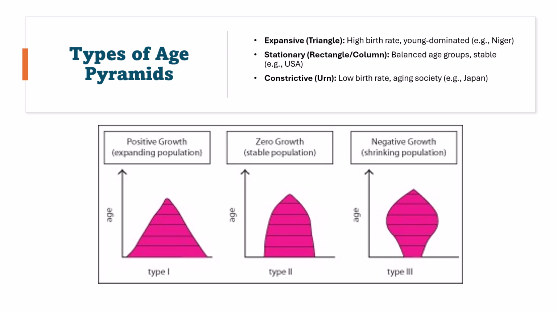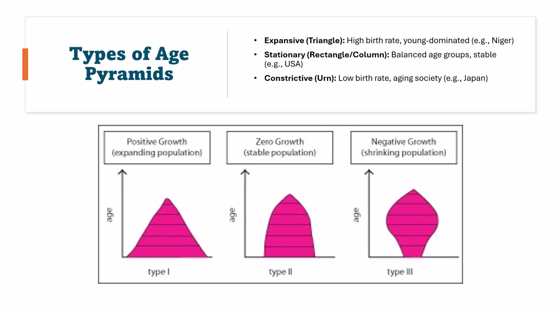like the United States. And the last one is type 3, the constrictive pyramid, which has a narrow base compared to the middle or top, representing aging populations with low fertility, classic in nations like Japan. The shape immediately tells you the story underlying.